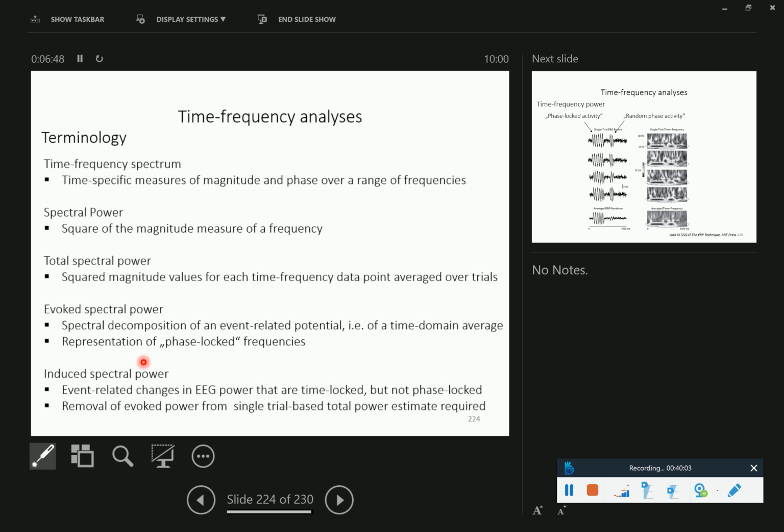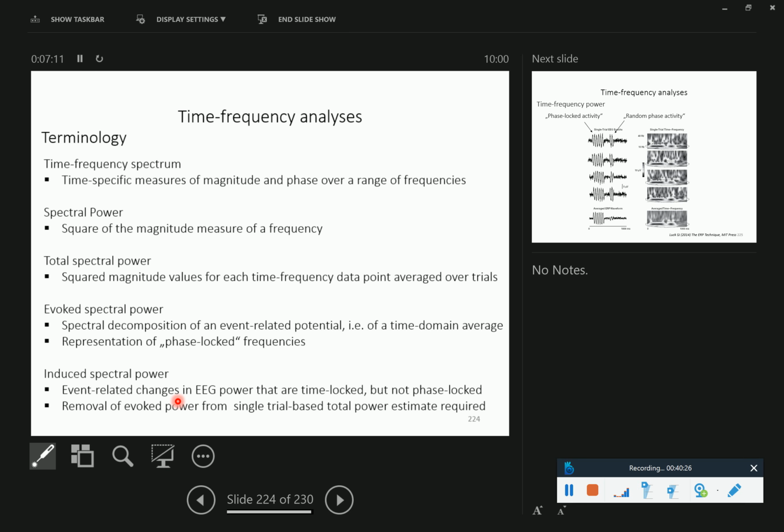And then you have induced spectral power, which works as follows. You do the time frequency decomposition on a single trial, and by this get a single trial time frequency decomposition.